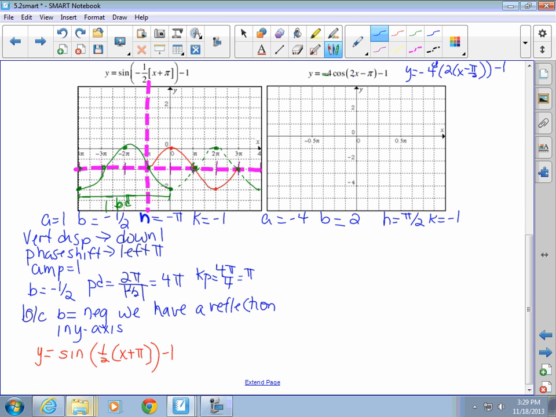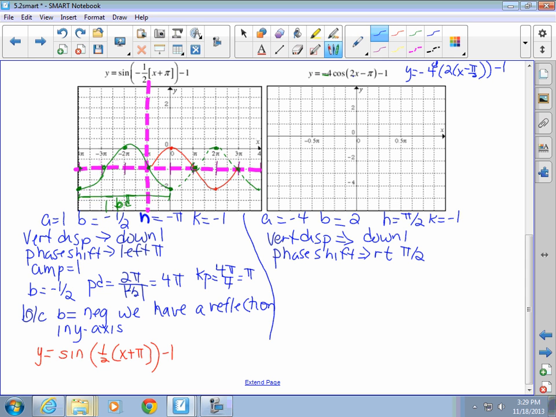So altogether, that means my vertical displacement is, whoops, down 1. My phase shift is right pi over 2.